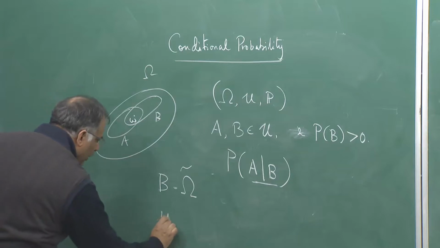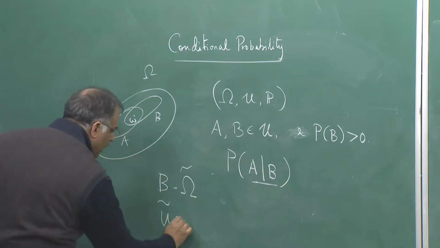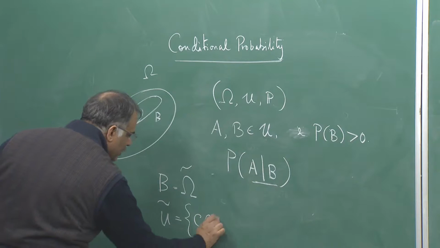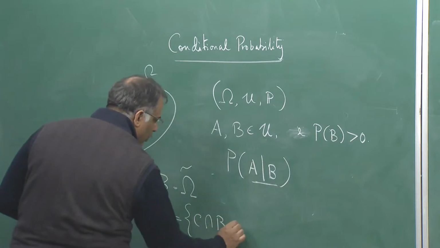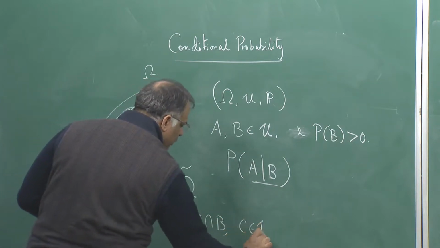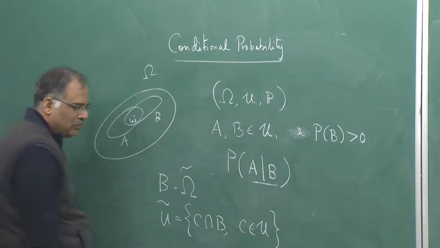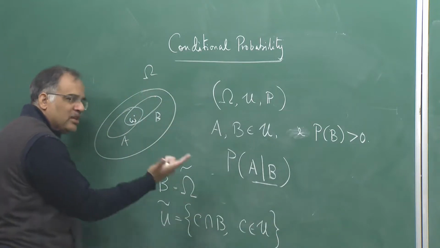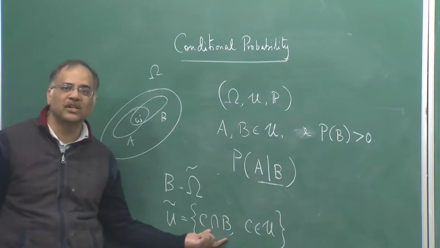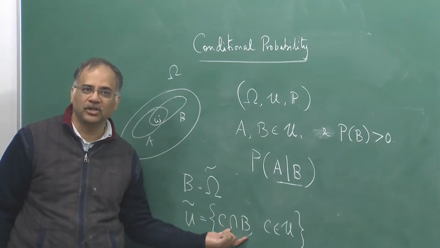And what is my U tilde? U tilde is C intersection B, where C is an element of U. So B has to be related to all such events. So you see joint occurrence must now come if you are going to talk about conditional probability.